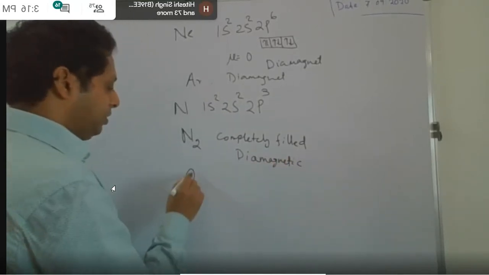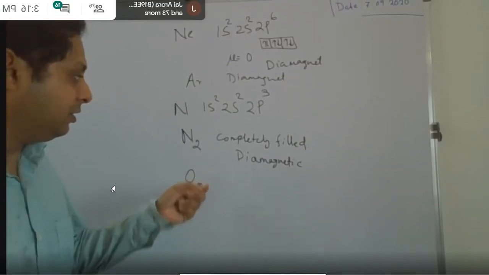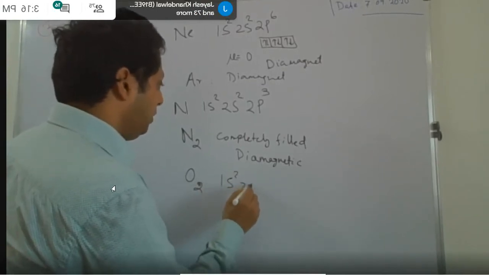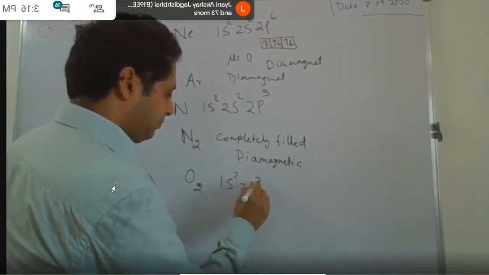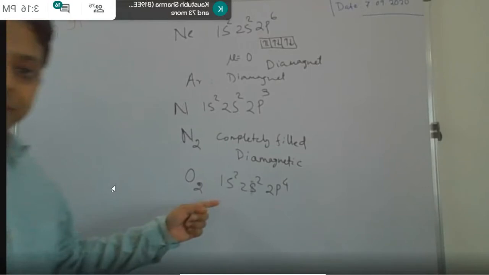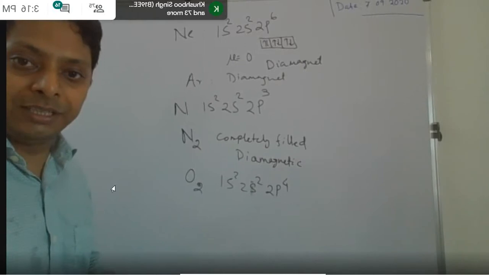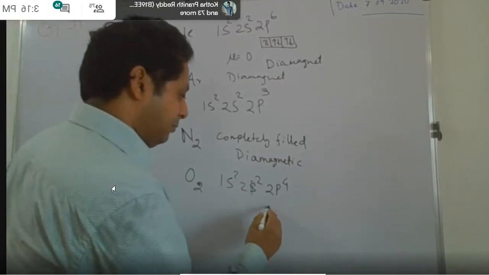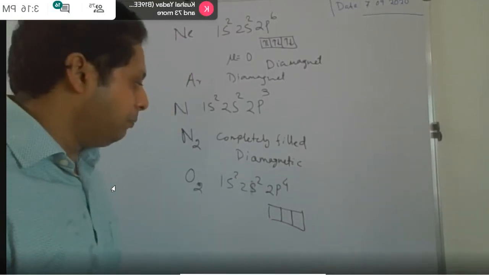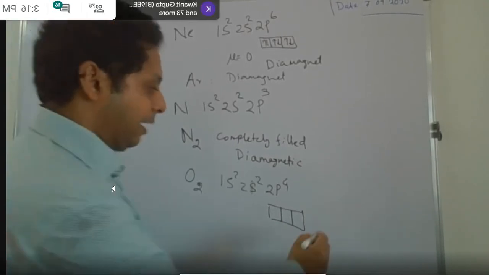But if you take an oxygen molecule, and you fill up the electronic shells, oxygen will be 1s2, 2s2, 2p4. In this case, the orbitals are filled in such a way that you will have incomplete pi 2p orbitals, and that's why it will be paramagnetic.